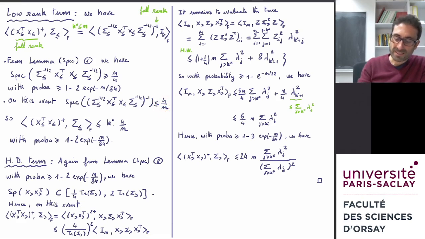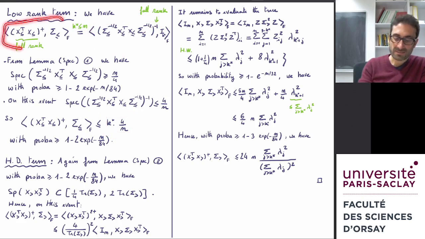So now if I take the trace of this matrix, which is a k star by k star matrix, the trace will be at most this times k star, which is the number of eigenvalues that I have. So I end up with this trace here being at most 4 times k star over n.